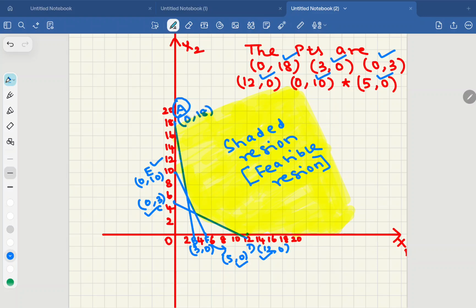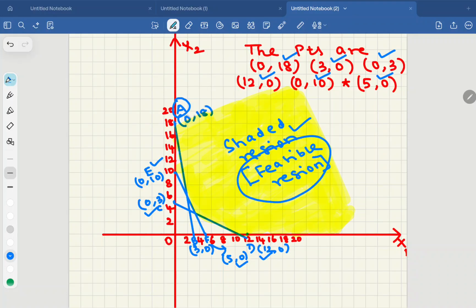Because it is a minimization problem, I am shading above the lines. This is the shaded region. This one is our feasible region for this problem.